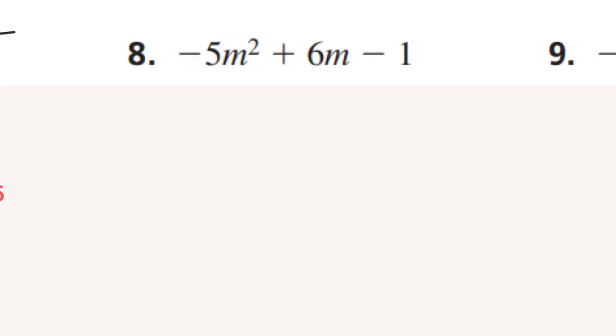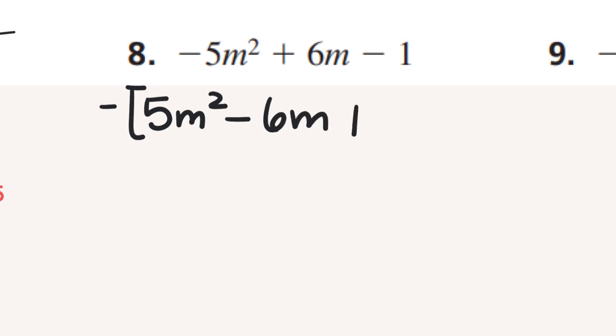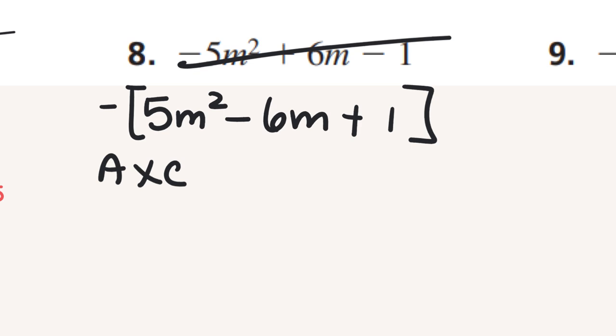Here again, I have a as negative, so bracket, factor it out. I'm left with 5m squared minus, basically the opposite, okay? 6m plus 1. There is no GCF, so I'm going to multiply a times c. This is done. A times c, which equals 5 times 1, gives me 5, right?